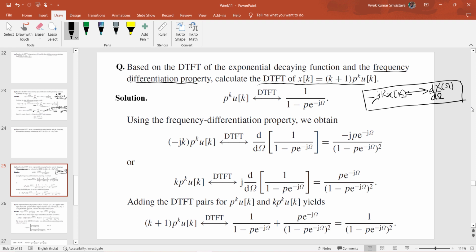As we know from our previous problem, the discrete time Fourier transform of the exponentially decaying function p raised to the power k u of k is 1 over 1 minus p into e raised to the power minus j omega.